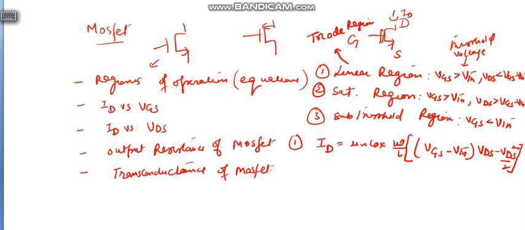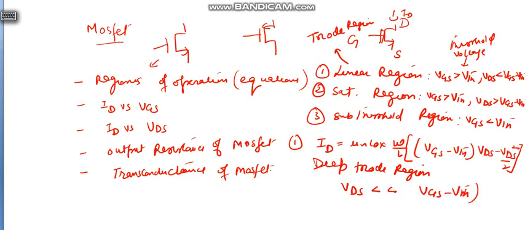So now in deep triode region, ID is given by, okay, before that, what is deep triode region? In deep triode region, VDS is much less than VGS minus VTH.